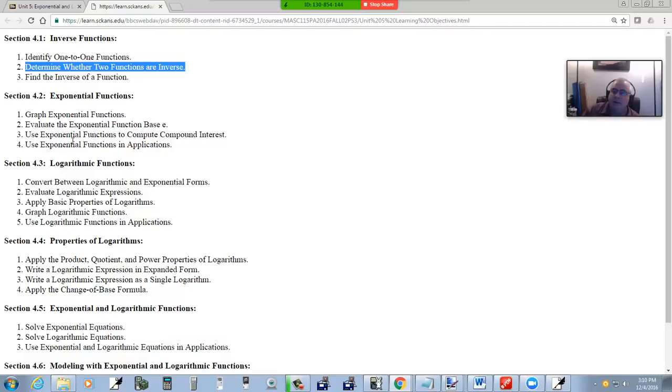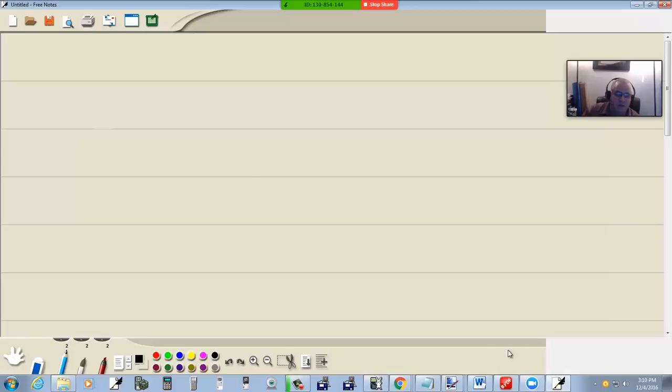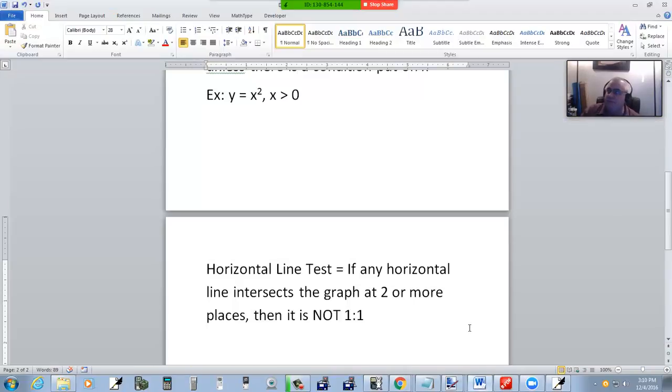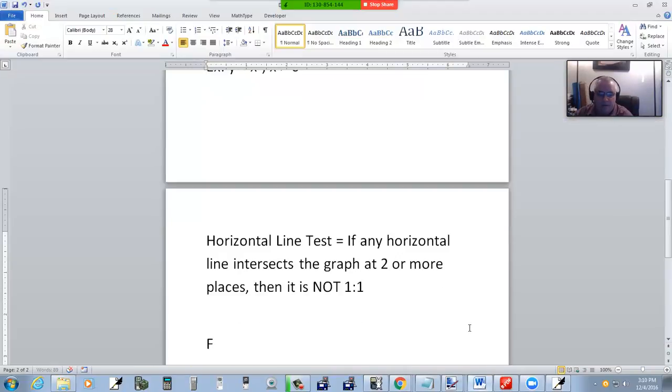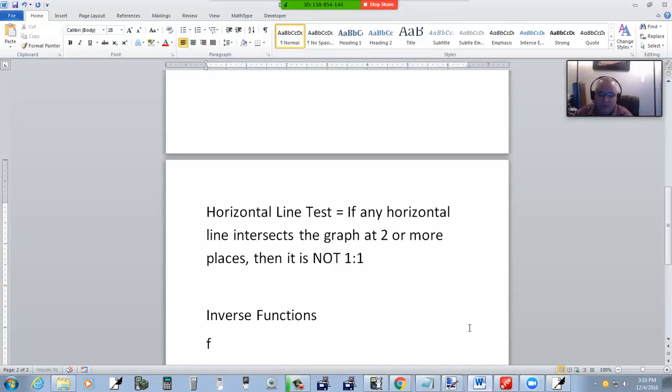Now, our second topic is to determine whether two functions are inverses. So let's look at that. Inverse functions. F and G are functions and are inverses if the following is true.